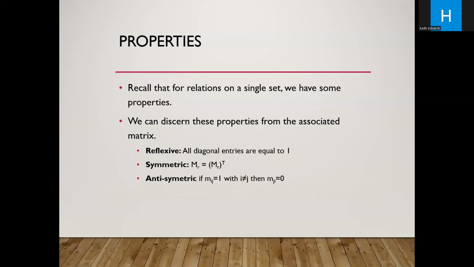It's symmetric if the matrix is equal to its transpose. And it's anti-symmetric if an individual entry m_ij is equal to 1 with i not equal to j, then m_ji is equal to 0. So if the opposing entries are not both 1, then you get an anti-symmetric matrix.